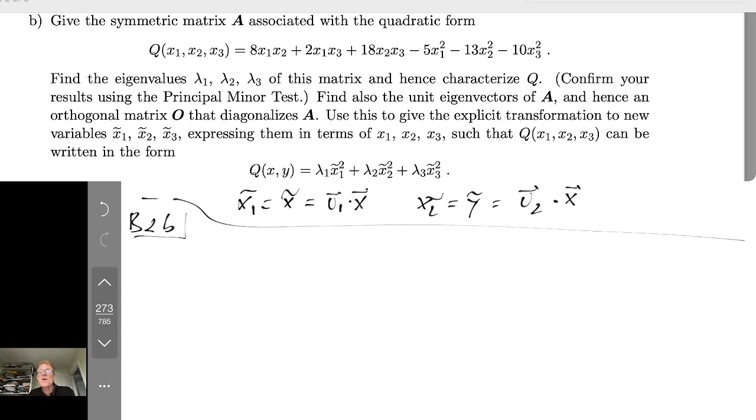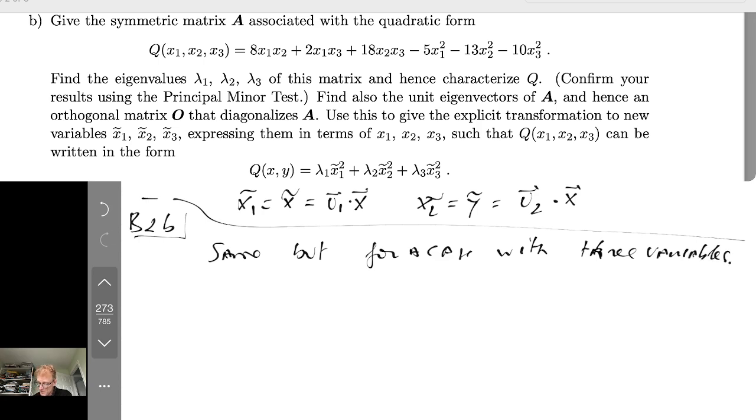We find the eigenvalues that characterize Q. Basically it's the same question, but you analyze it with 3 variables, which means more work, quite a bit more work.